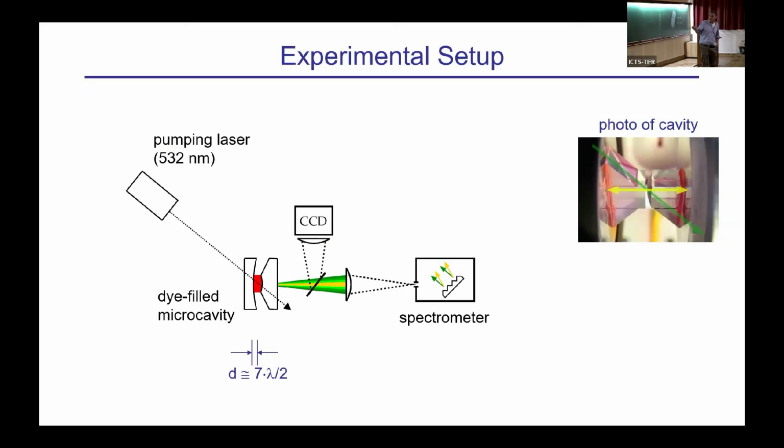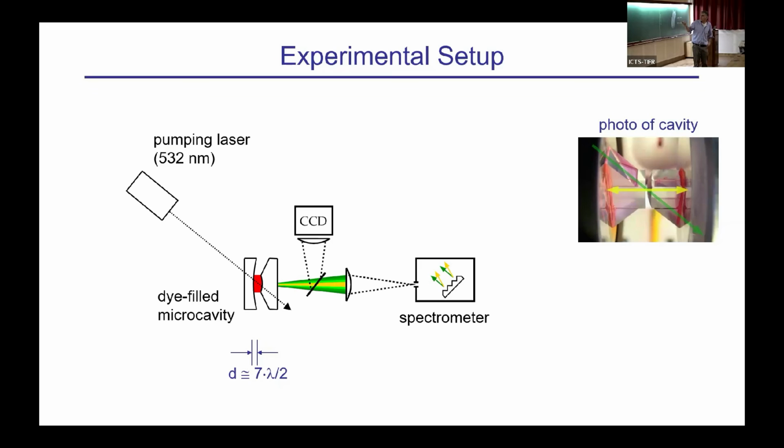This is a scheme of our dye microcavity. The spacing between mirror surfaces is not lambda over 2, but 7 times lambda over 2, but that works as well. And we pump at 45 degrees with a laser in the green. So that's a photo of this cavity.